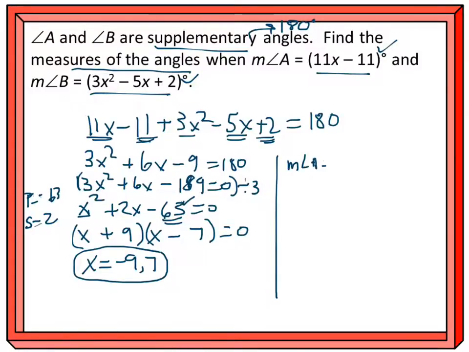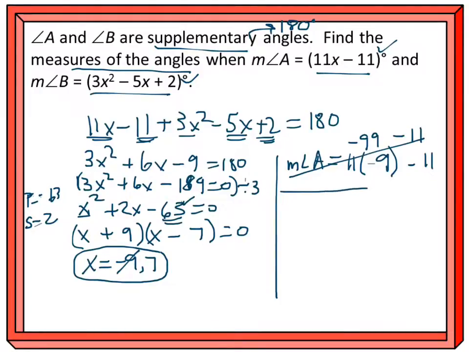Measure of angle A equals 11 times negative 9 minus 11. So that would be negative 99 minus 11. It's going to be a negative angle measurement. That's not going to work, which means that negative 9 is not a valid answer.